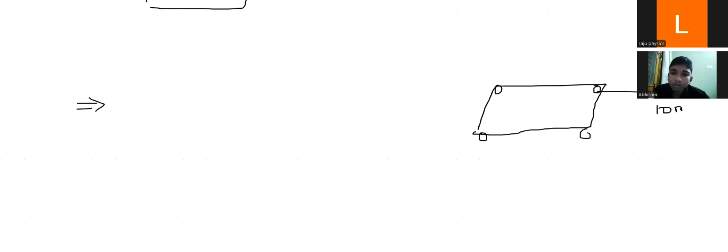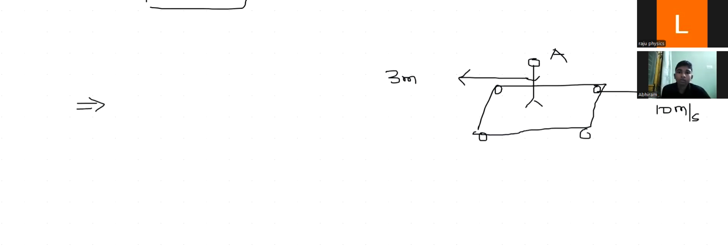Now one person was standing on the trolley, person A, moving with his speed of 3 meters per second.